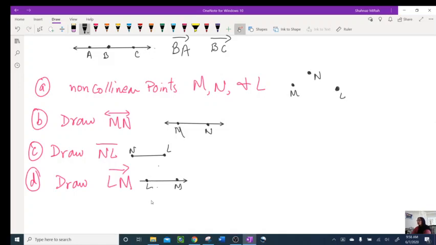Okay, done. Now, how do we say intersection of lines?